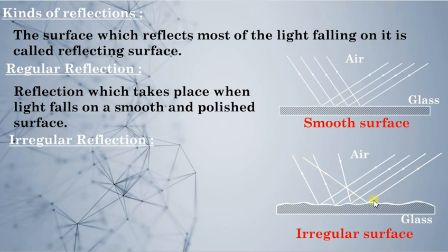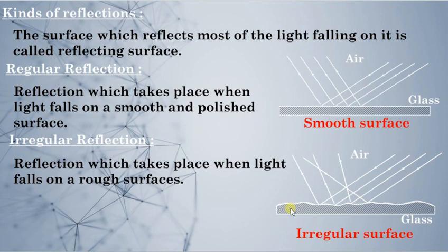If the point of incidence is right, they go well. If there is a curve or a dip, there shall be a change in the reflection of the light ray. The reflected ray is going to move in a different direction. So if you have an irregular surface, you are going to have irregularities. The reflection which takes place when light falls on a rough surface is called irregular reflection.